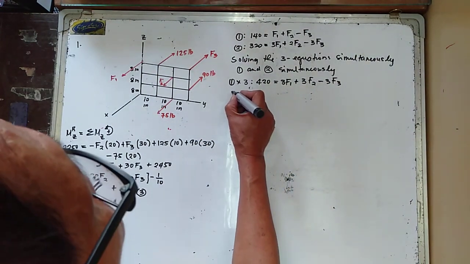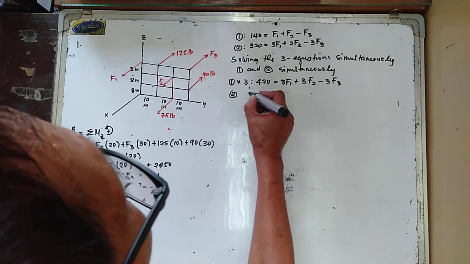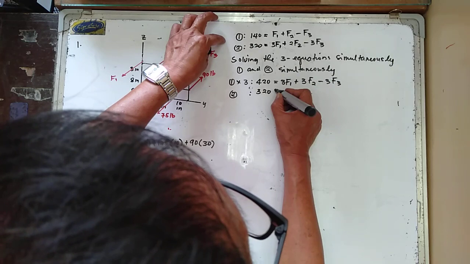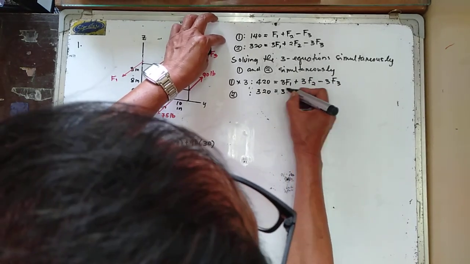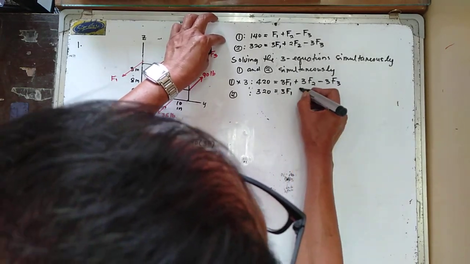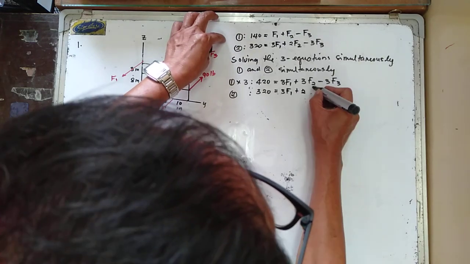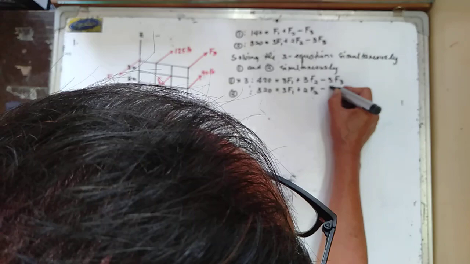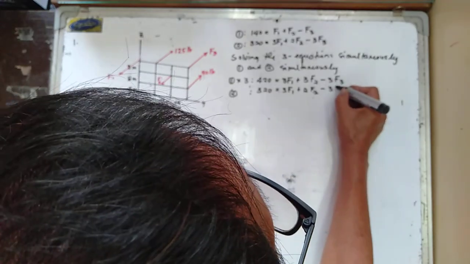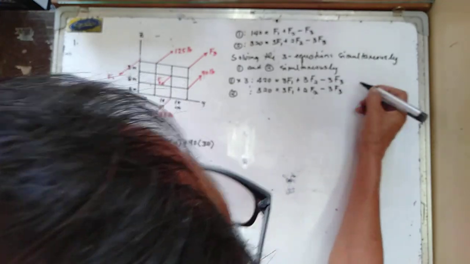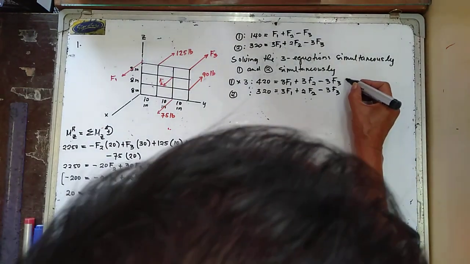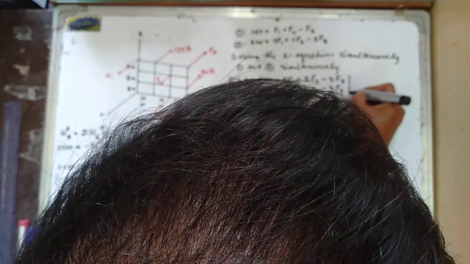And then your equation 2 as is: 320 is equal to 3F1 plus 2F2 minus 3F3. So let us try to subtract the two equations.